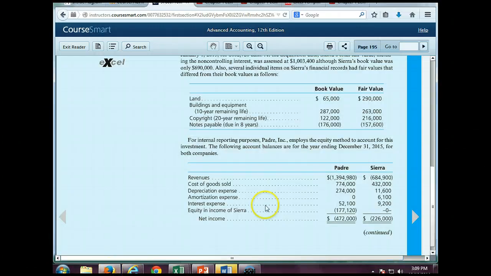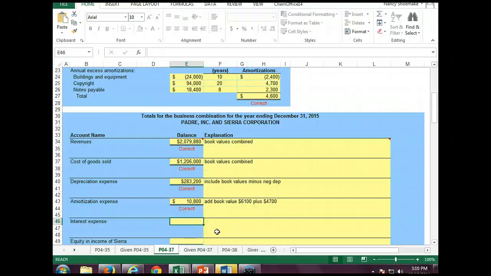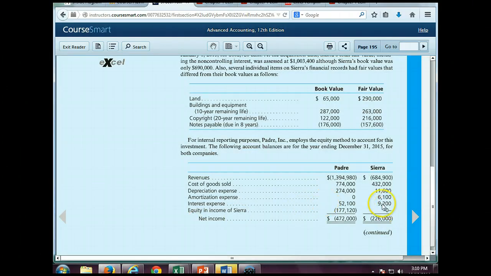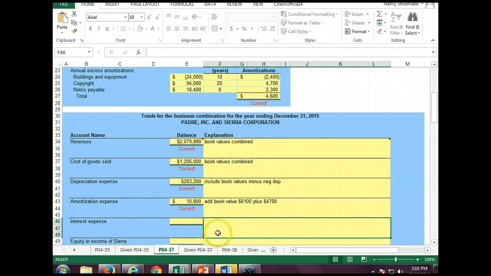Interest expense. We show 52,100 and 9,200. What else do we have? Basically, in this scenario, we show our 52,100 plus our 9,200, and then we have to show our amortization here of the notes payable of this amount, because remember it was to our benefit here.